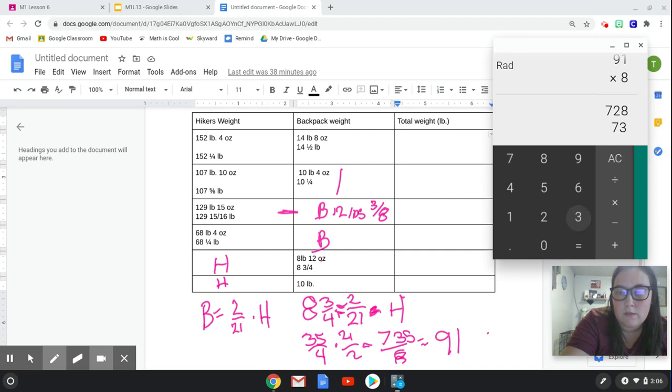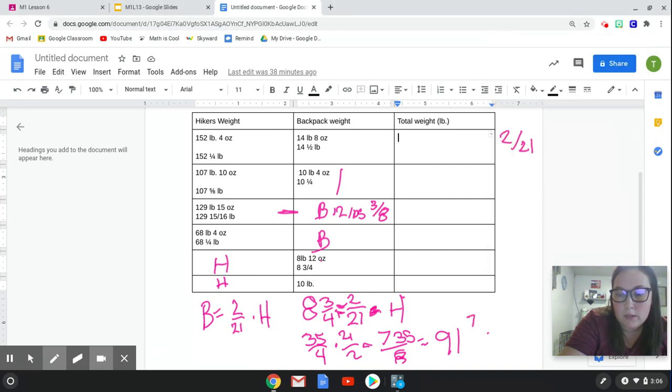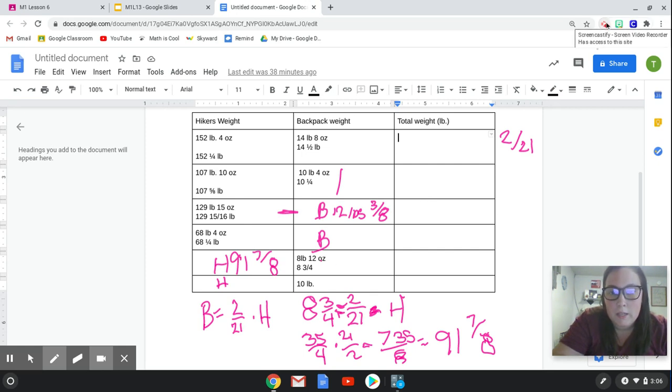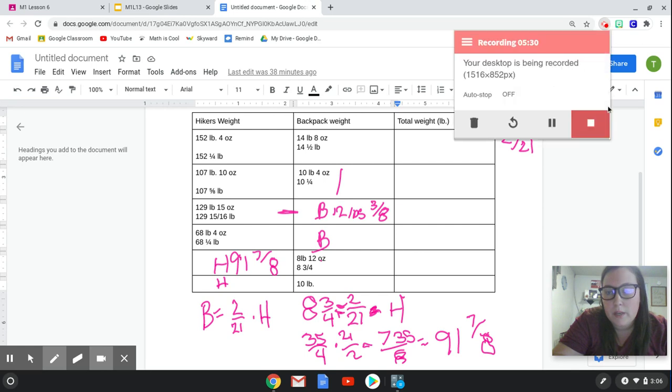So 735 minus 728, and that will be 91 and 7/8 pounds. So you will just take the rest of those numbers, plug them in. I'm going to pause this, solve the other ones, and do the rest for you really quick.